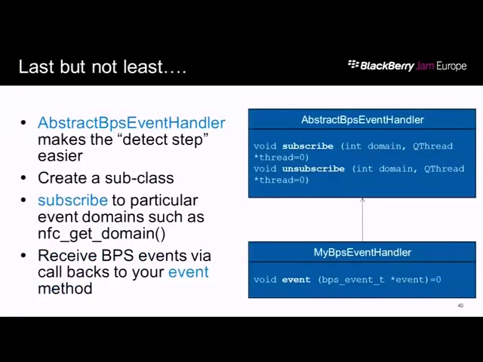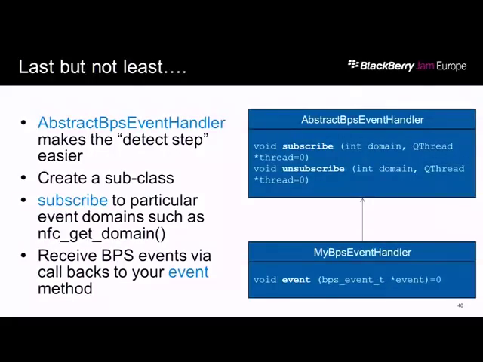I'm going to finish with this slide, and this is simply an addendum. If you're working with the BlackBerry Platform Services, you're likely to be using this procedural event loop-oriented style of coding. However, we did also provide a class called the Abstract BPS Event Handler which lets you take a more object-oriented style approach.